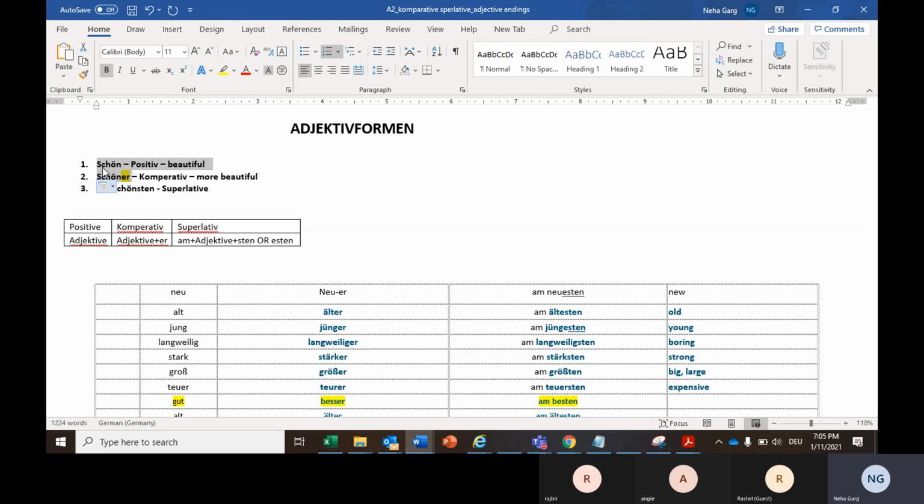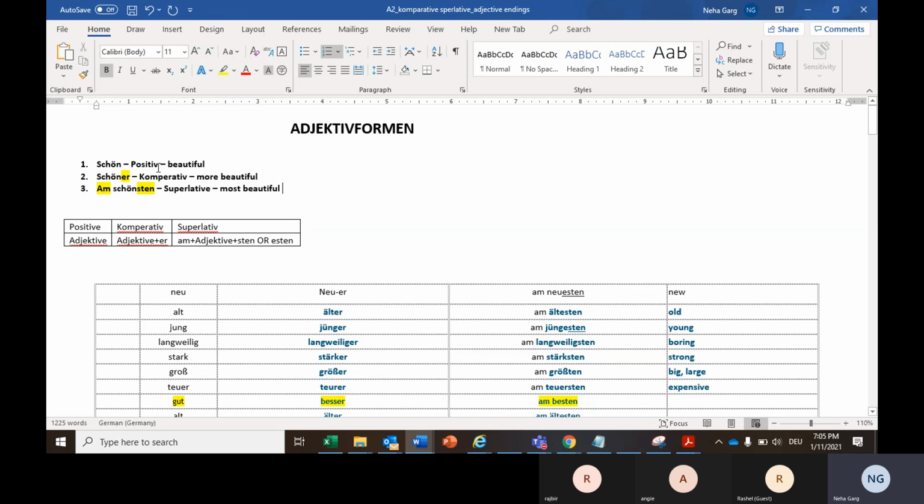One is beautiful, but the second one is more beautiful than the first one. Then we have the third form, the superlative form, which is at its peak. Also das ist am schönsten. So the third form of schön will be am schönsten. That means most beautiful. So we have three forms.